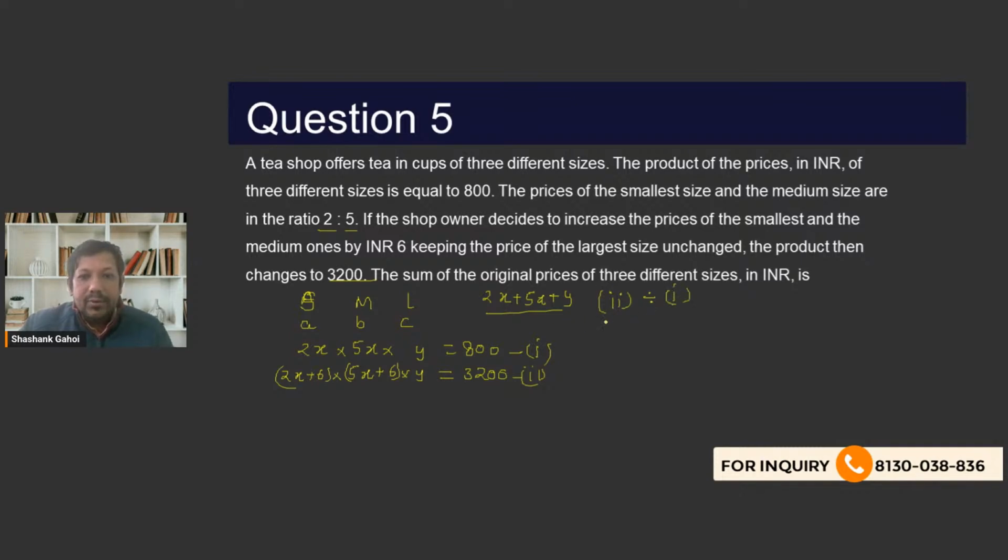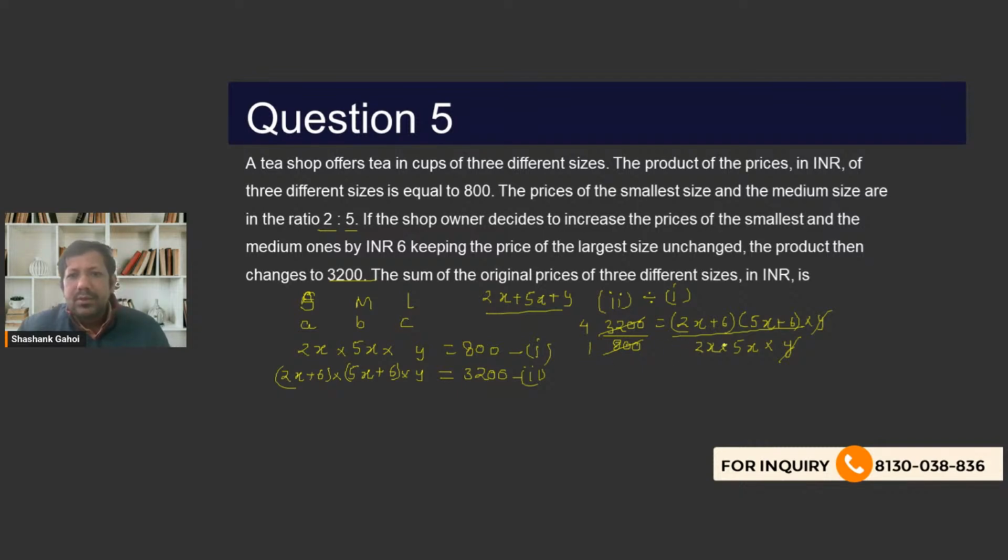It means 3200 upon 800 is equal to 2x plus 6 into 5x plus 6 into y, upon 2x into 5x into y. So from here y cancels out. This is 4 and this is 1. So this is what we are getting.